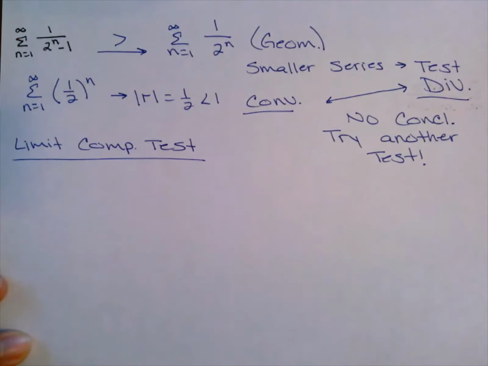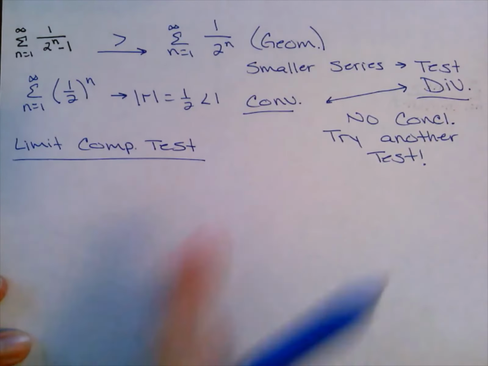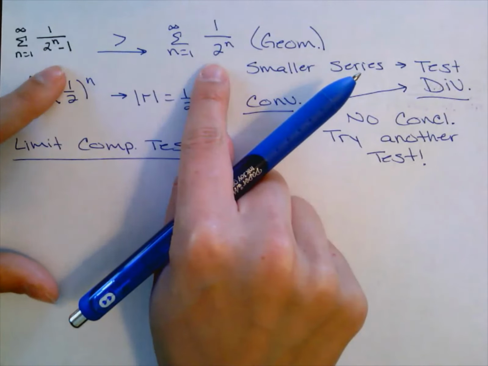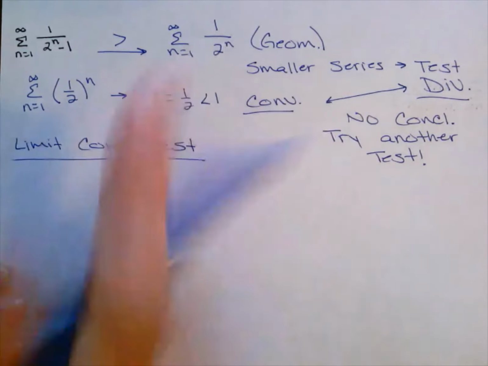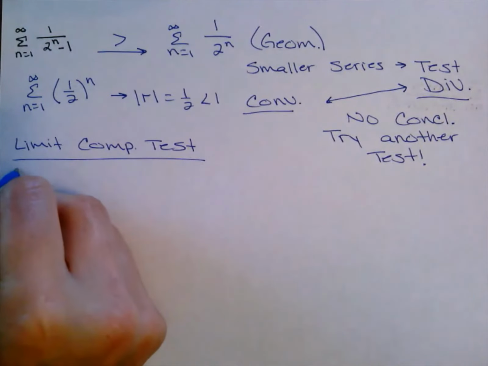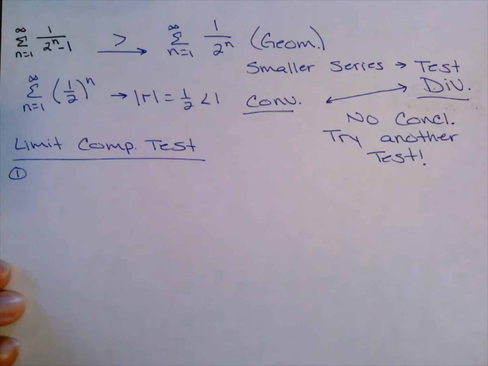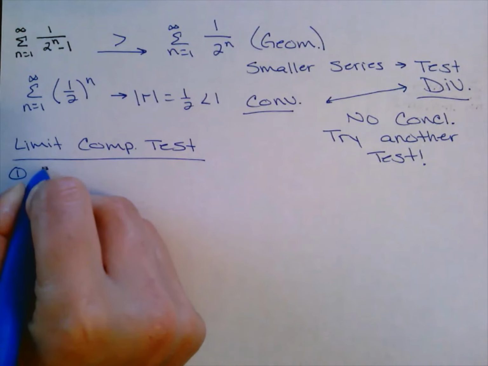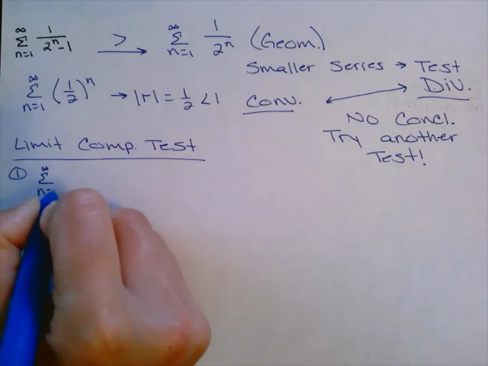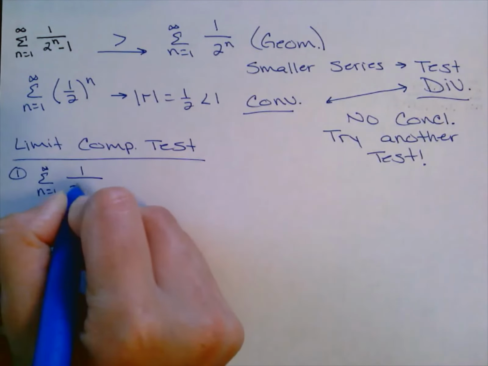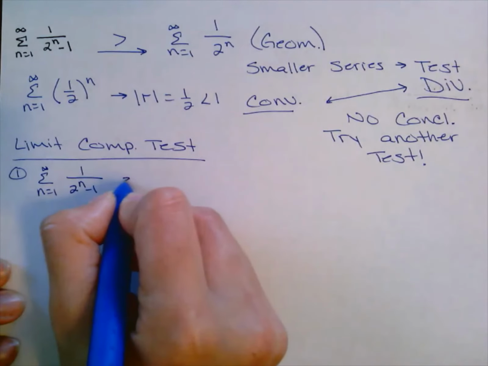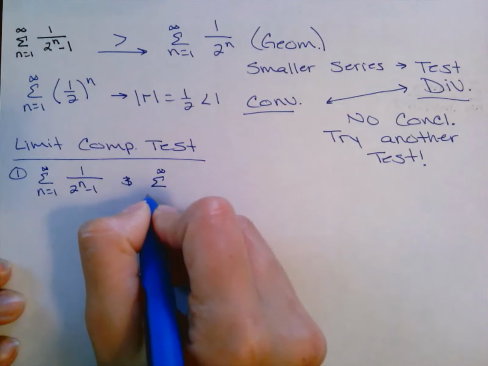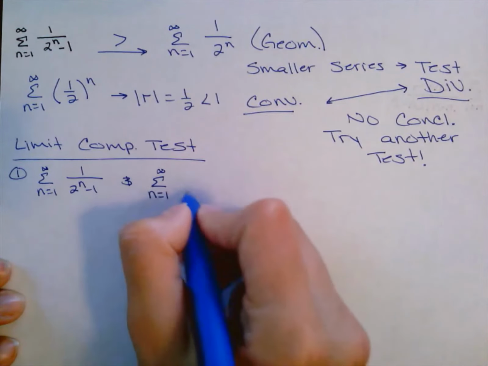So according to the limit comparison test, I'm going to still compare these same two, okay? Which means first I have to check that they are both greater than 0. So if this is an FRQ, it's a little lengthy to write, but you have to say that both of them are positive. They're both greater than 0.